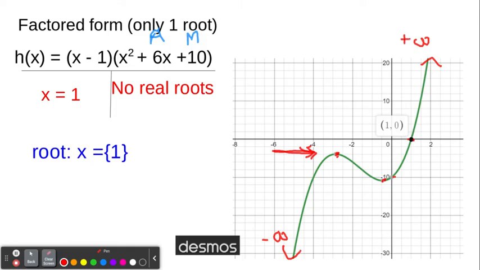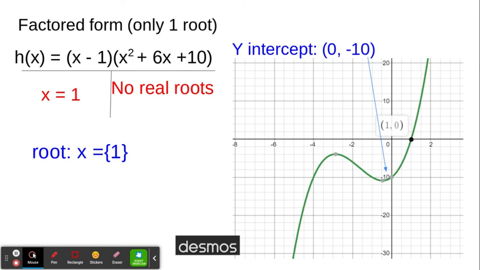There's just no other way to do it without going through the x-axis at least once. But it might go through twice, and it might go through 3 times. Again, that's what I find so interesting about the cubic function. Here's your y-intercept, 0, negative 10, and here's your only root, 1, 0.